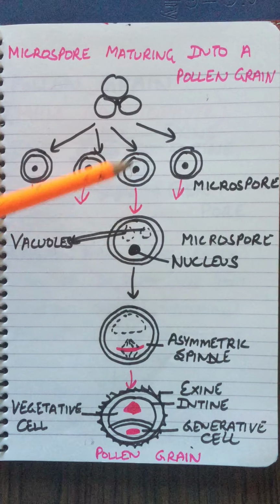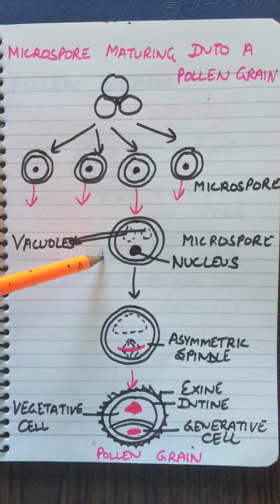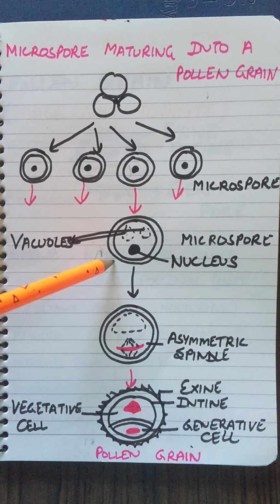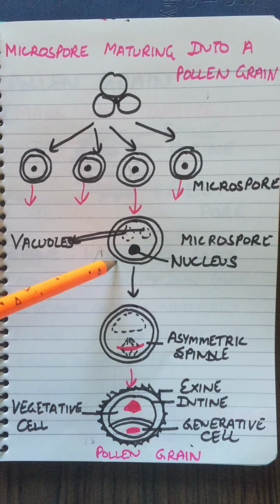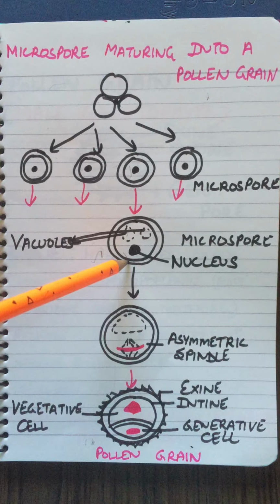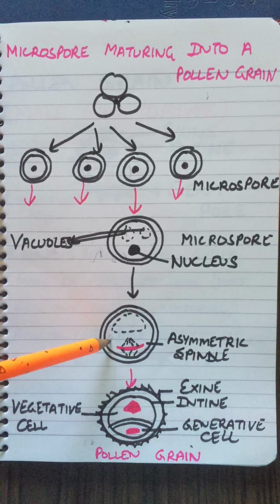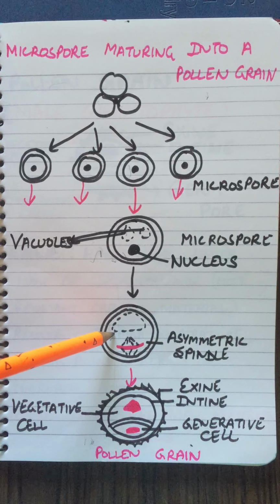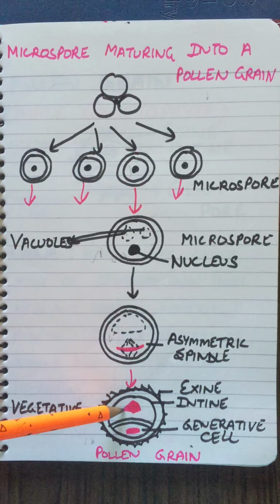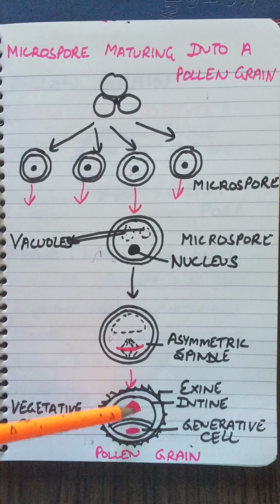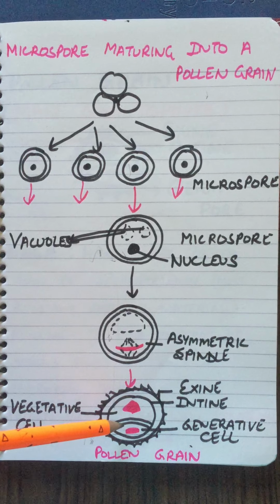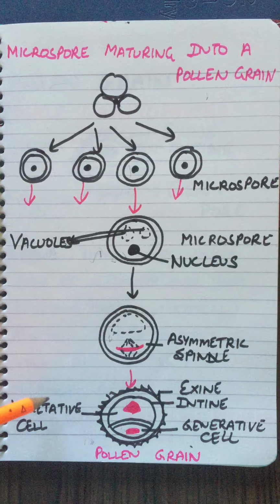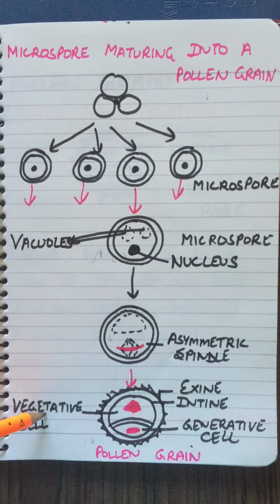Microspore increases in size and vacuolation occurs. Then this microspore will not undergo meiosis. There is actually asymmetric spindle formation in the cell, which will result in formation of 2 unequal sized cells. Smaller cell is called generative cell, and the bigger cell is called vegetative cell.